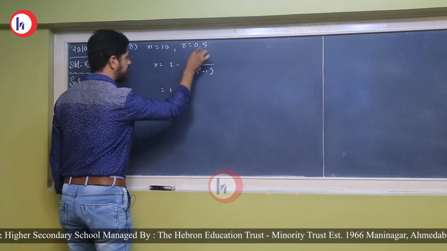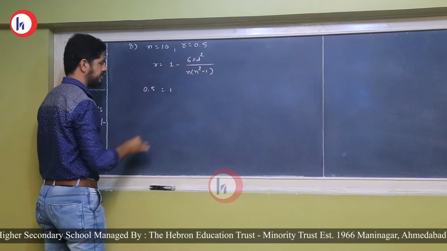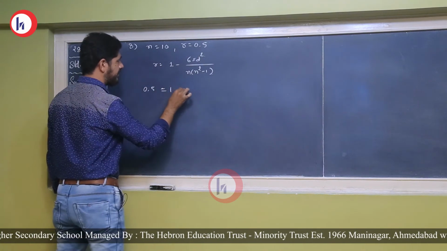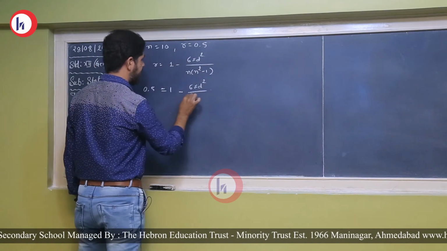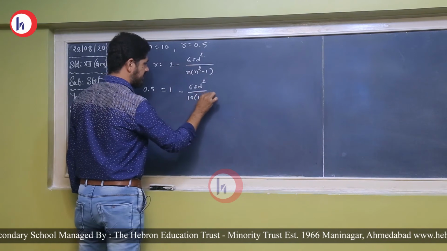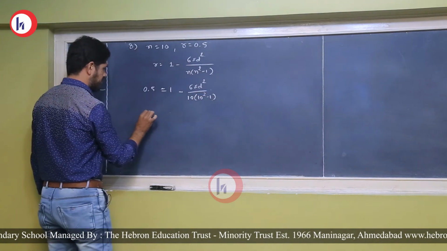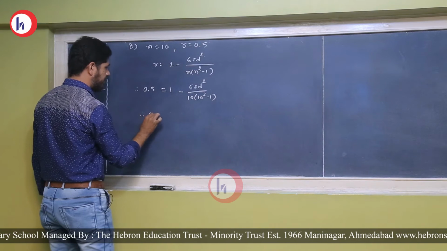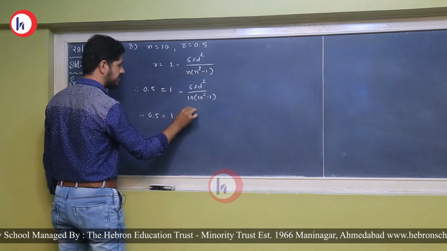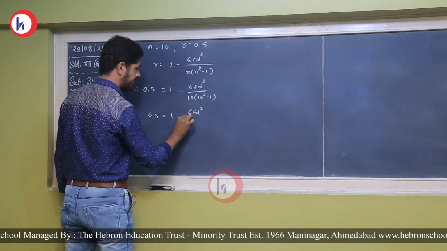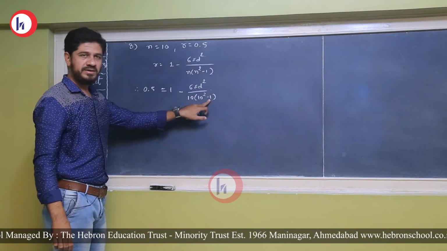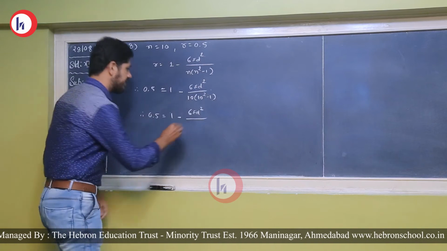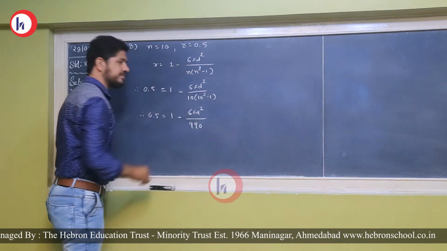Now r is given, 0.5. So 0.5 is equal to 1 minus 6 sigma d square upon n square minus 1, that is 10 square minus 1, 99, into 10, that is 990.